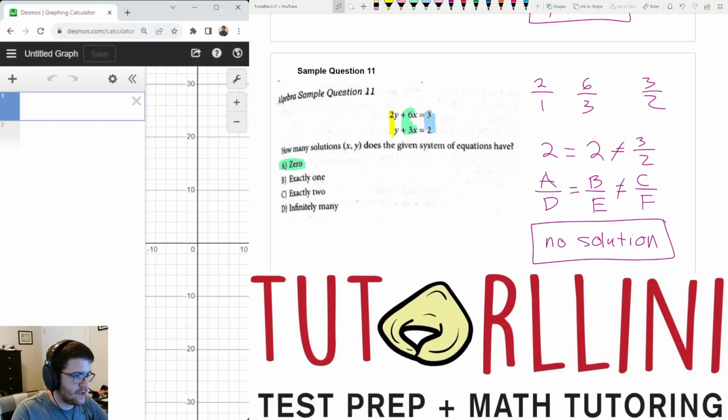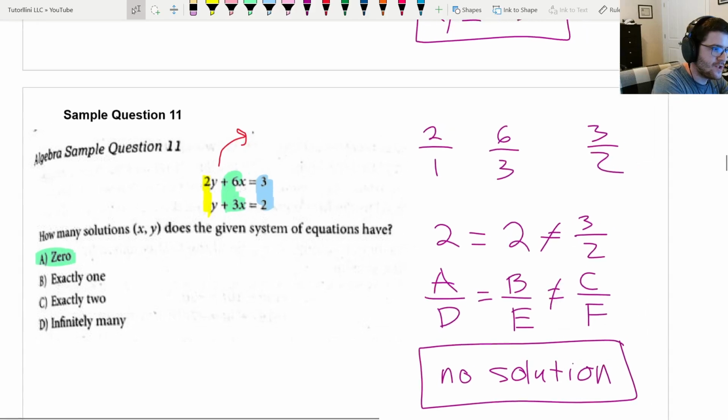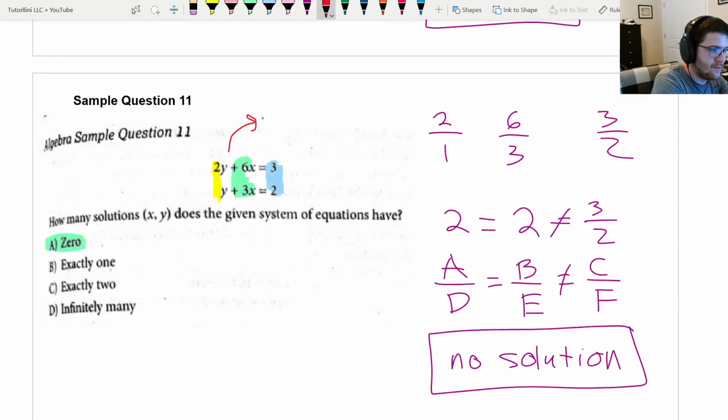I made a Desmos video on this when, oh, guys, I made a tiny mistake. Always make sure that before you do this, you put it in standard form. So let me come back over here real quick. See, it's not in standard form. So 6x plus 2y, you've got to put it in that correct order.